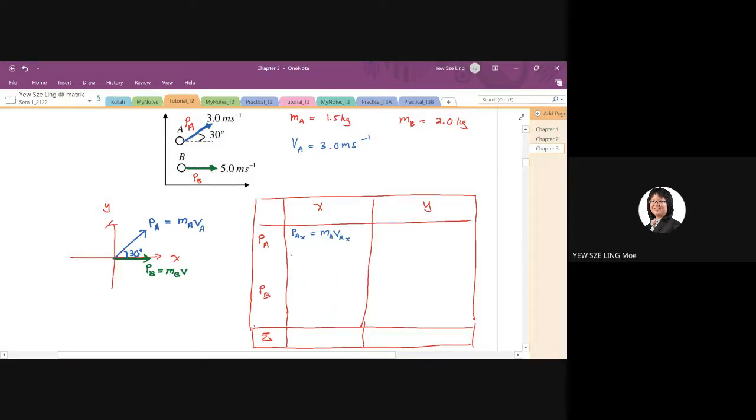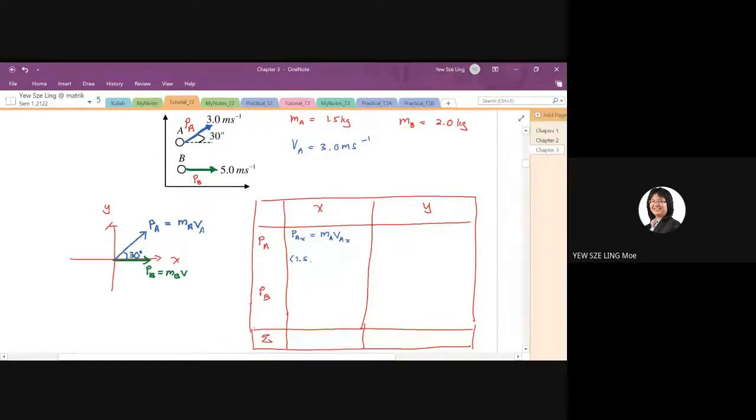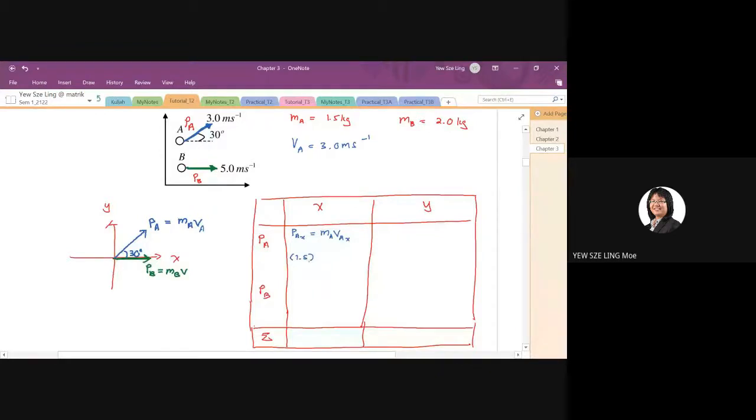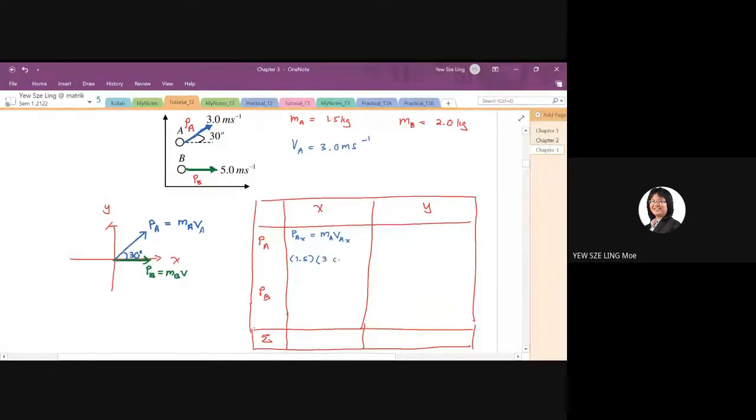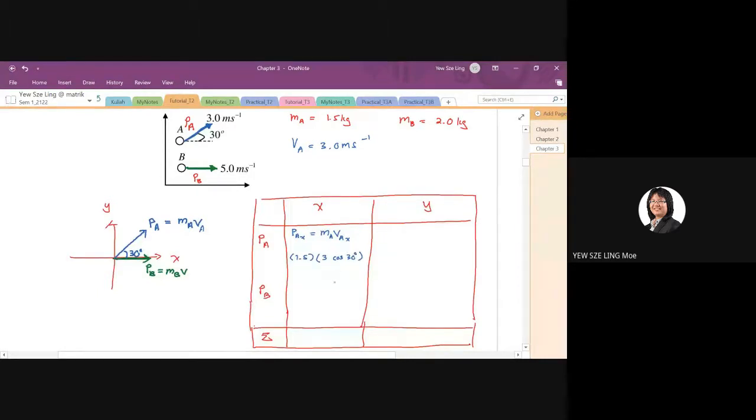So what am I going to put in the x column? I have M, which is 1.5 kg. I'm just going to write down 1.5 because M, you don't have to resolve it. Then I want to resolve VAX, the velocity along the x component. So I have 3 cos 30 degrees.